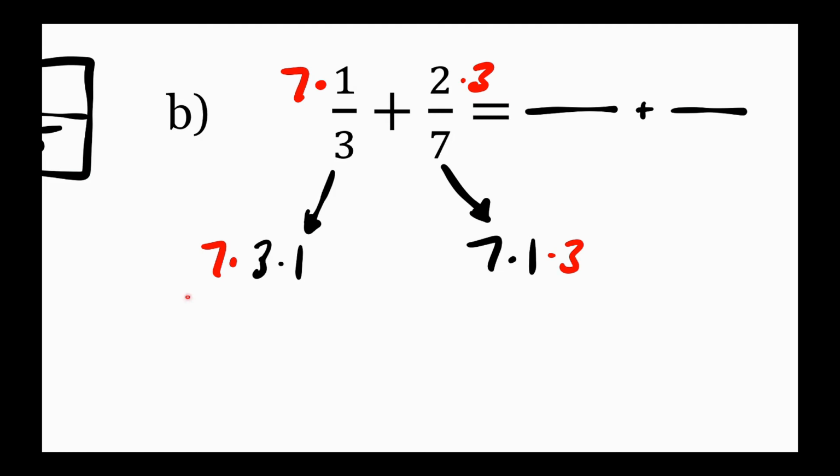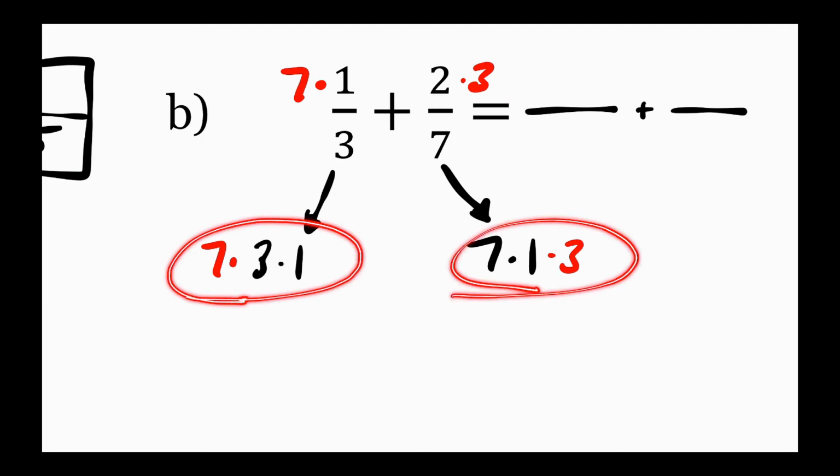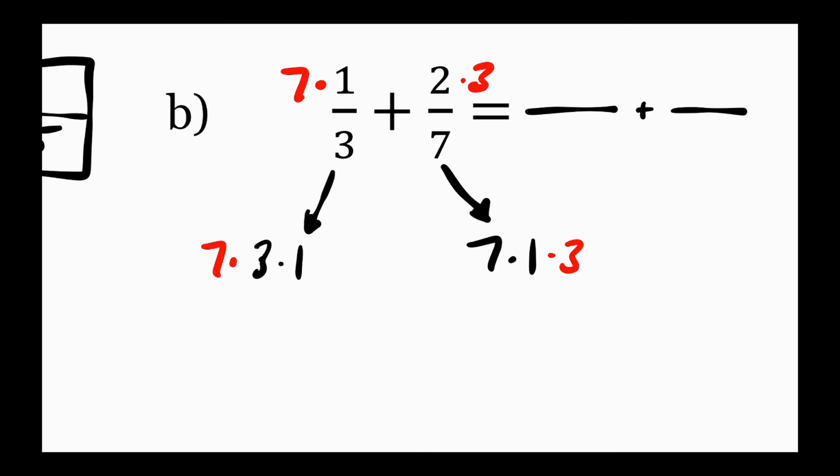The bottoms are equal. 7 times 3 times 1 is 21. 7 times 1 times 3 is 21. The top here, now it's 7 times 1, which is 7. So the first one's going to have a numerator of 7. The second one is going to have a numerator of 2 times 3, which is 6.